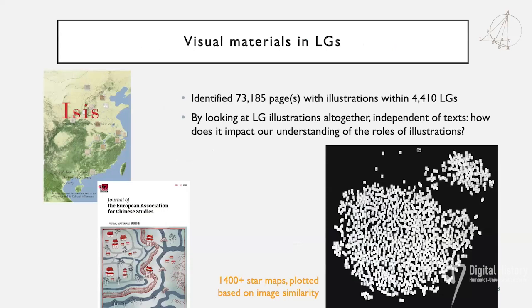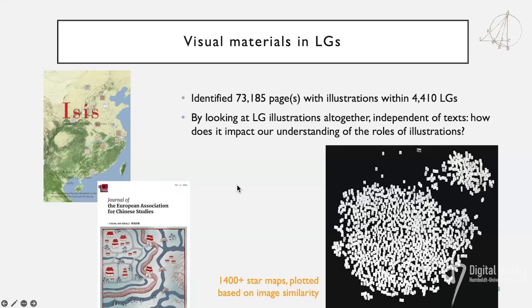And in Local Gazetteers, we also have some visual materials. So I will not go into the details, but we had two groups of scholars. They published in two special issues in historical journals. One is in History of Science, and the other is in Chinese Studies.